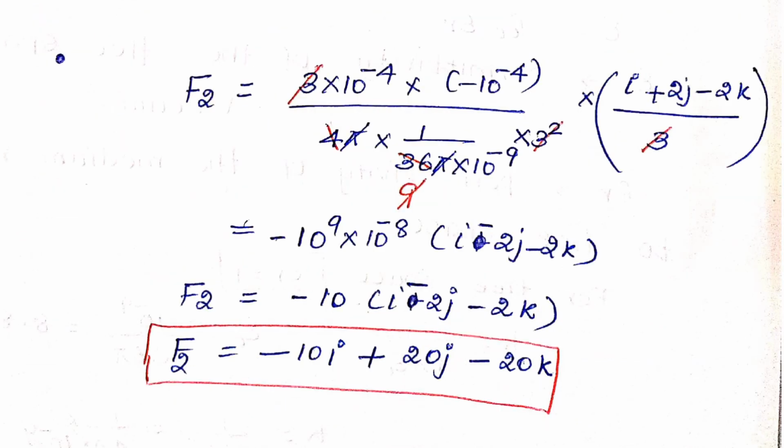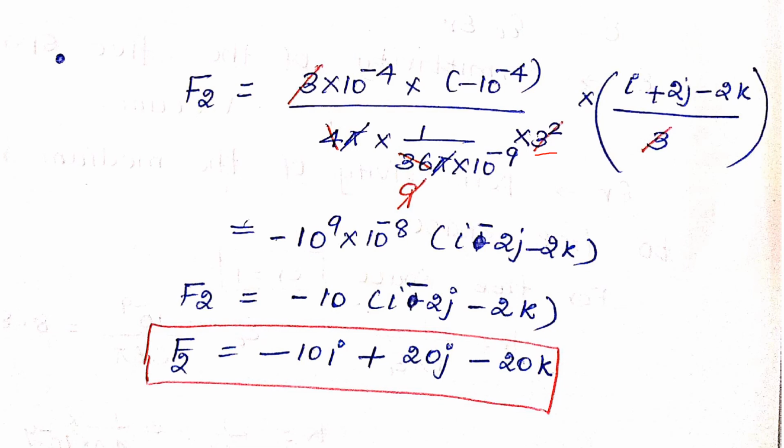So what is the force on Q2? F2 equal to 3 into 10 power minus 4 into minus 10 power minus 4 divided by 4 pi epsilon 0 into R square, R equal to 3, into I minus 2J plus 2K divided by 3. Now I have to multiply and cancel these values.